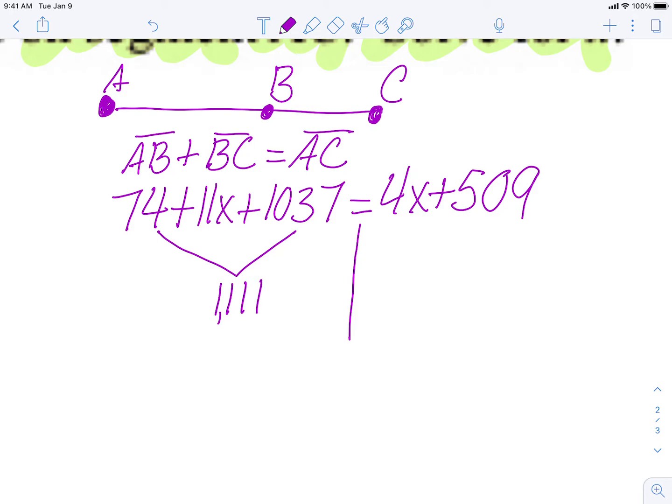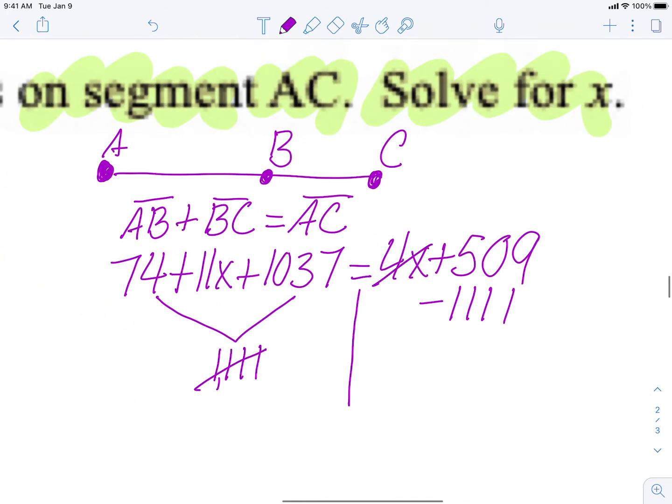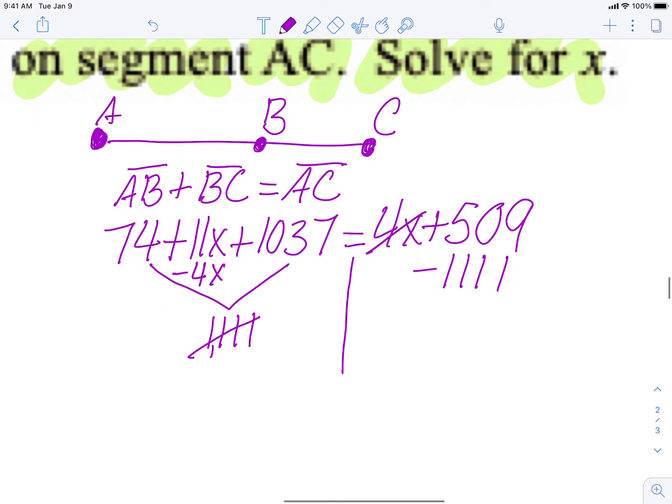But don't get too comfortable. 1111, because I'm going to cross you out and I'm going to bring you over to this side right there. That means that I got to cross out this 4x and bring it over here minus the 11x, just like that. So let's do the easy first. 11x minus 4x is 7x. 7 times x, right?